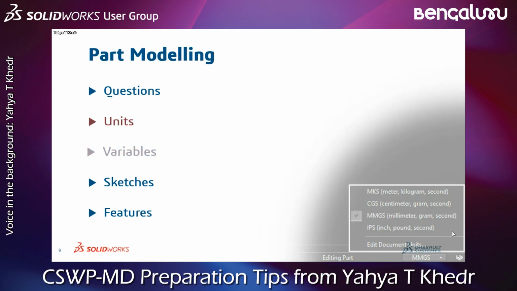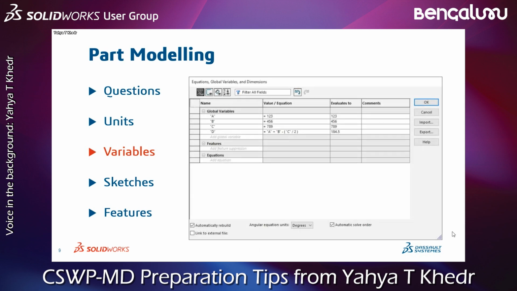Anyways, so now let's move on to the variables part. As I mentioned before, and this is the same thing with pretty much all the exams, the hands-on part requires you to make use of some variables, global variables and stuff. Equations are optional, but global variables are a must, because at some point you would find yourself using the same variable, or at least variations of that variable, so the variable plus 2, the variable divided by 2, stuff like that, in different areas of the same model.